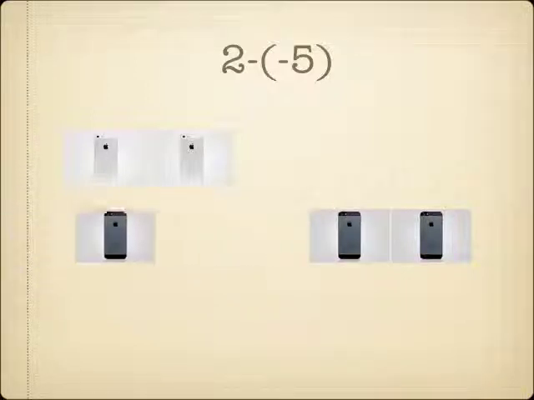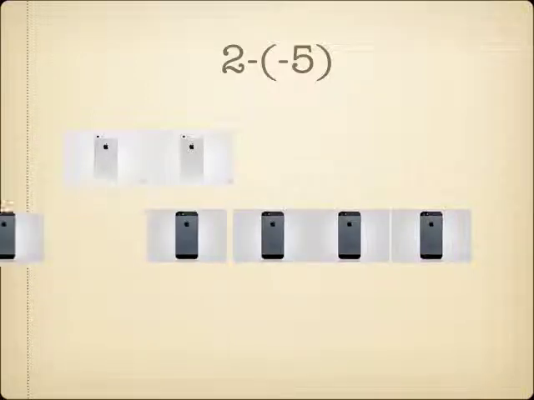This one is a bit different also, because now we're putting 2 positives on the top, and we see a -5 with parentheses, so we put down 5 black iPhones to represent -5.